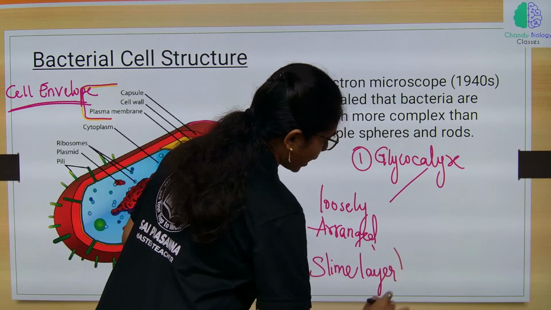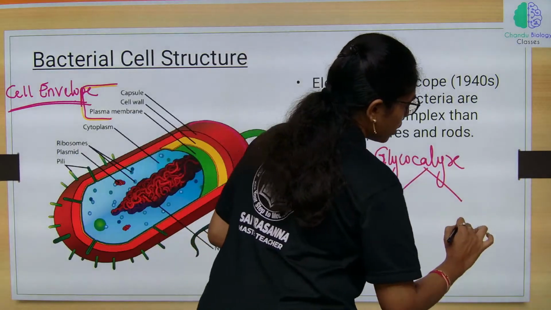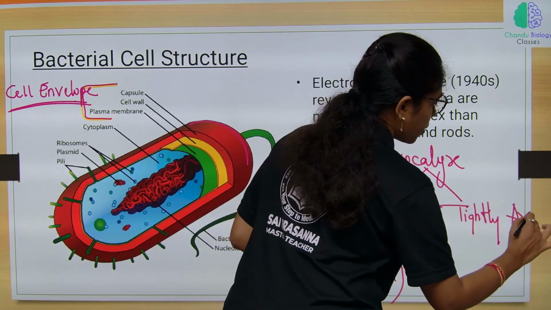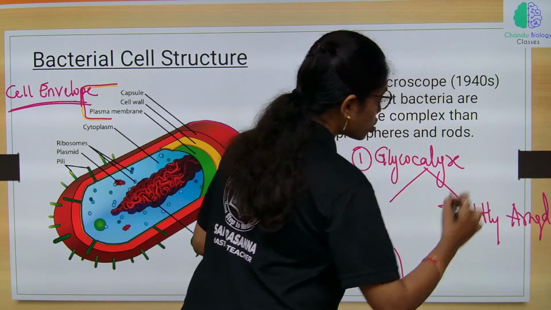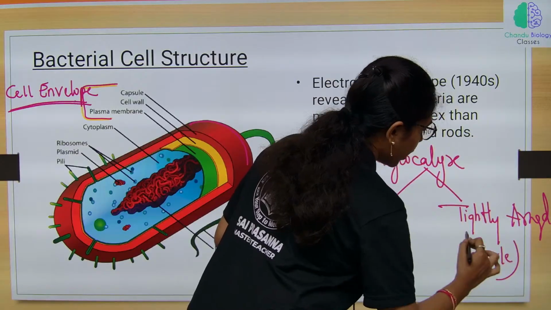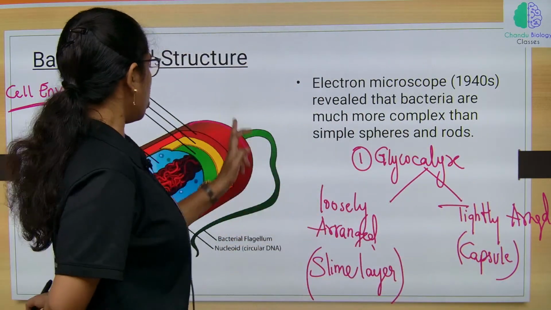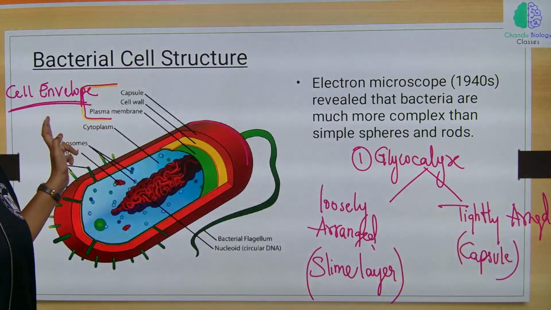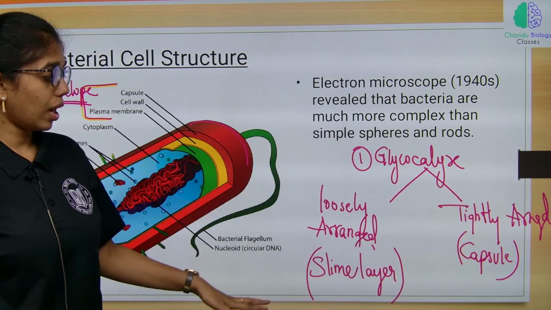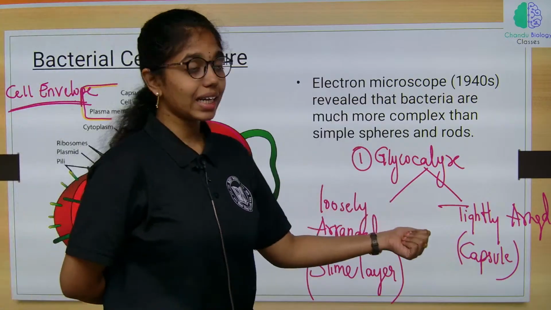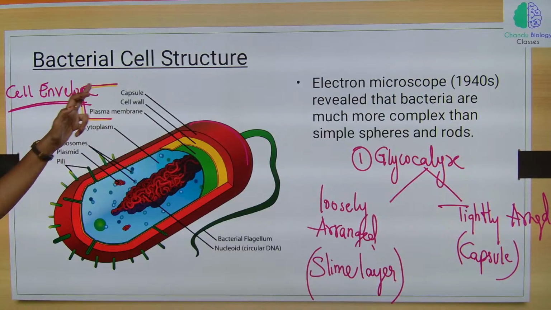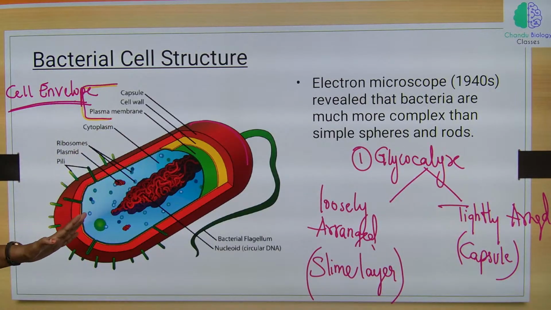If it is tightly arranged, it is called a capsule. Fine. So yes, the outermost layer of the cell envelope is glycocalyx. If it is loosely arranged, you will call it a slime layer. If it is tightly arranged, you will call it a capsule. So the outermost layer is glycocalyx, that is clear to us.